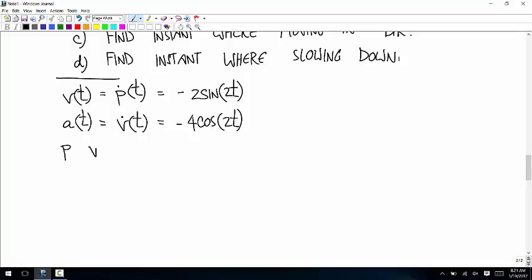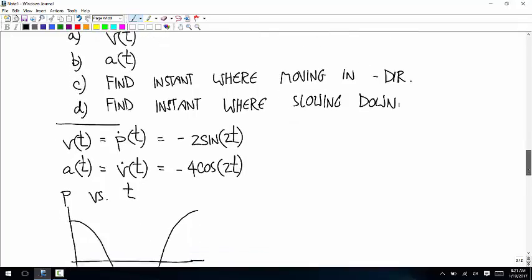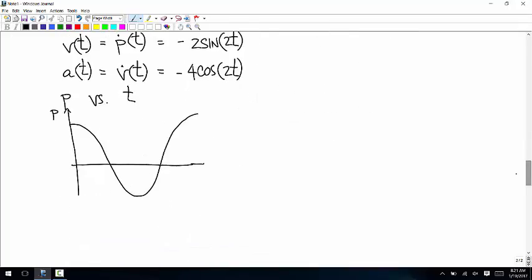So the position versus time graph looks like this. That is cosine of 2t. So draw a cosine function. And so this is position, this is time.